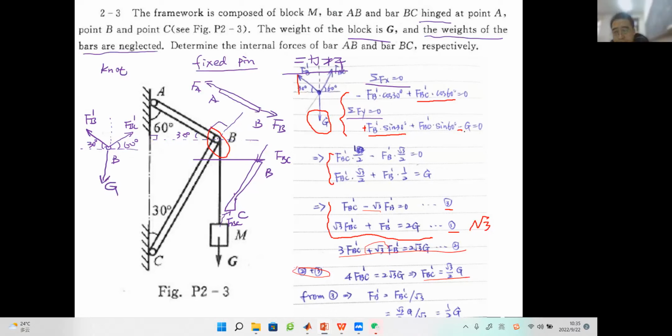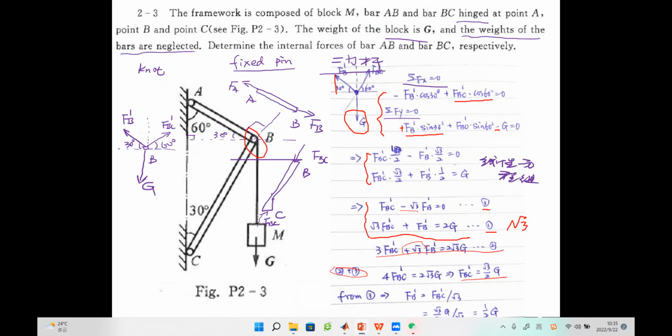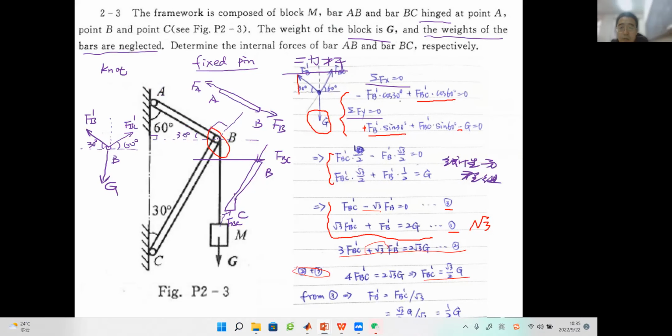So we have minus G equals 0. Then our task is to solve this very easy equation. It is a linear equation, right? 线性方程组, linear equations. Because cosine 30 is a half, right?